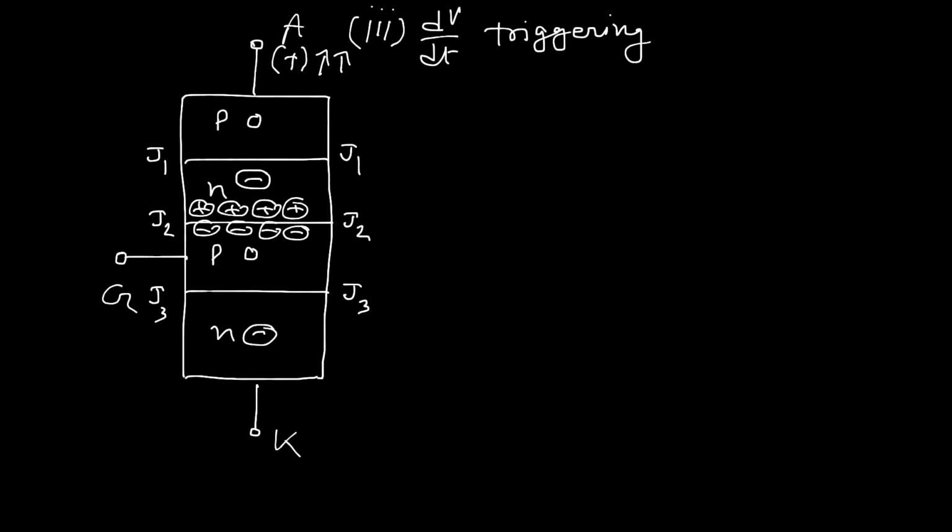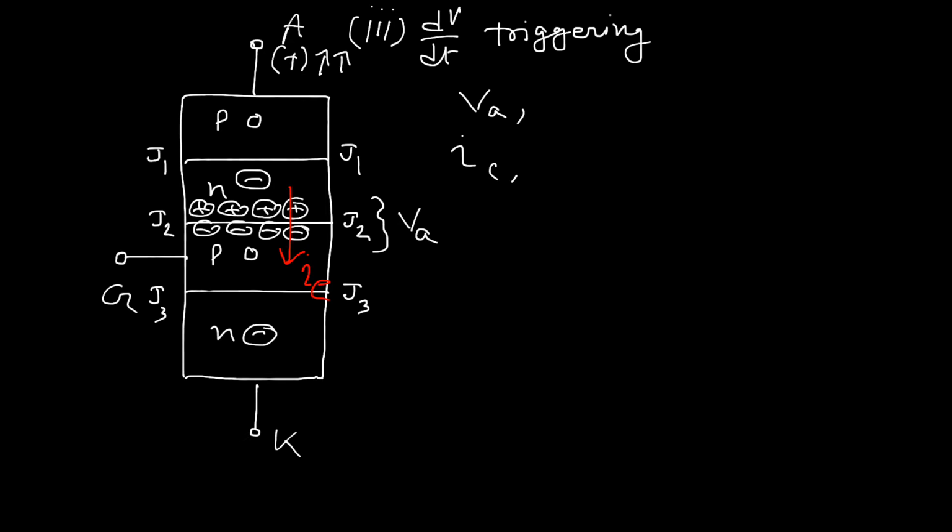And the total voltage applied from anode to cathode is confined across junction J2, called VA. So we can consider junction J2 as a capacitor with capacitor voltage VA. When we think of junction J2 as a capacitor, a leakage capacitive current tries to flow across junction J2, defined as IC.